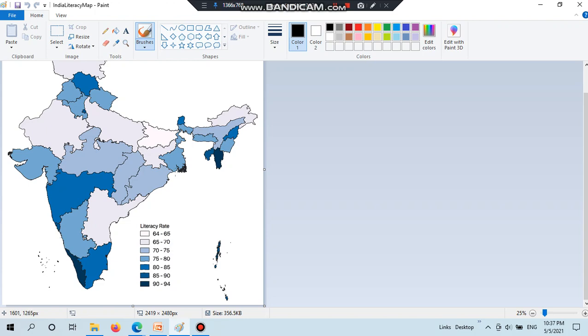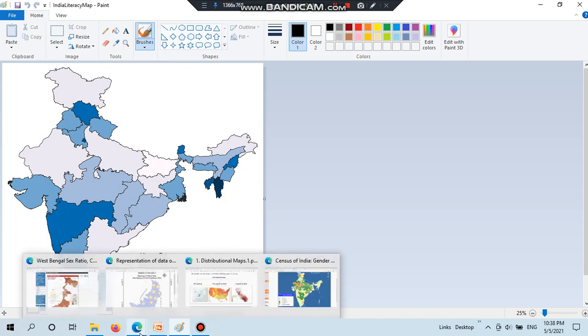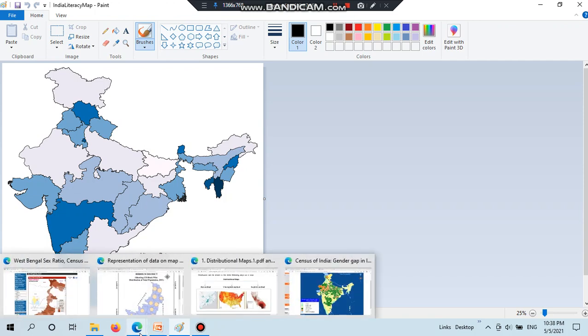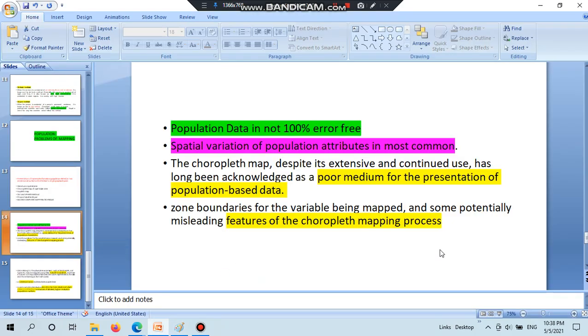Throughout the district or the state, the population is not uniformly distributed at 75 to 80%. So it's a problem to show all this numerical information related to the population in isopleth or choropleth or other techniques.